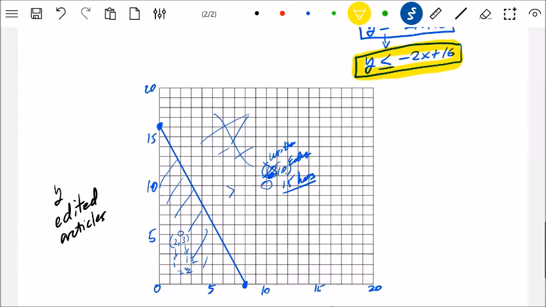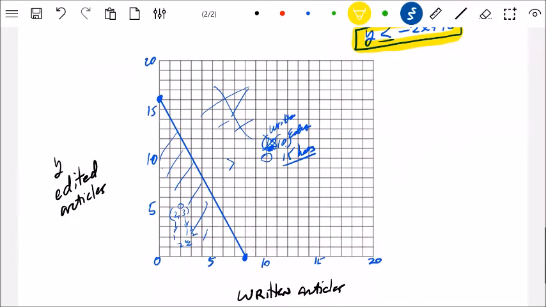So let's look at the choices that are here. If he works up to 8 hours, that means that it's really the ones that are on the line. So this is a good answer. This one at that intersection, this one, and this one, this one, this one, and this one, and this one. All the ones that are here are going to be less than 8 hours.